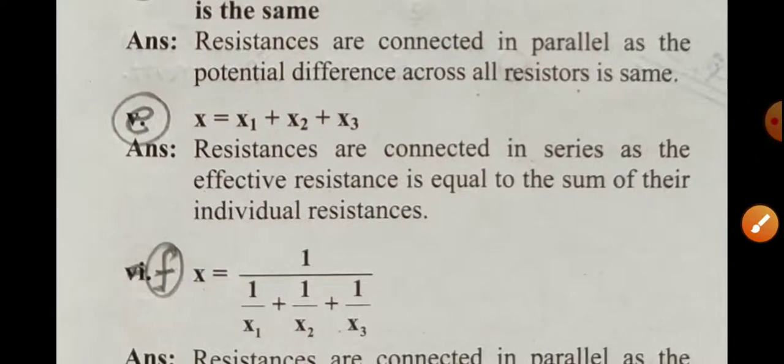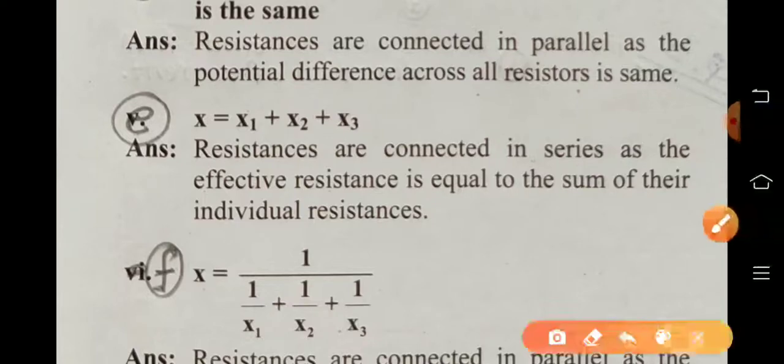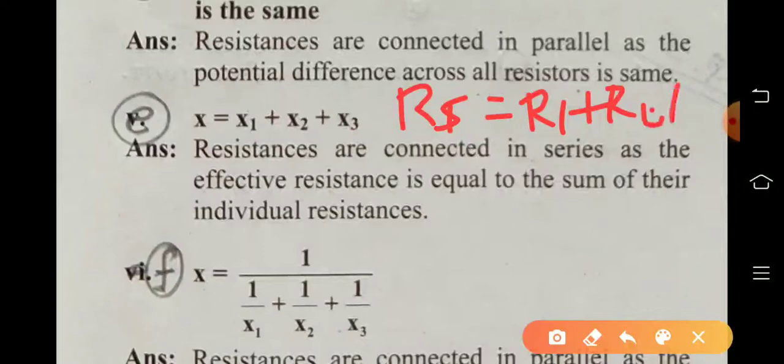Next one, X is equal to x1 plus x2 plus x3. Resistances are connected in series as the effective resistance is equal to the sum of the individual resistances. So that is the formula: Rs is equal to R1 plus R2 plus R3. It is a characteristic of series. Clear?